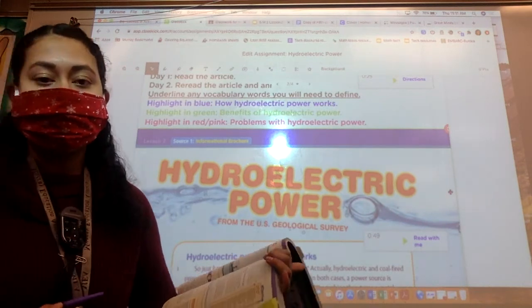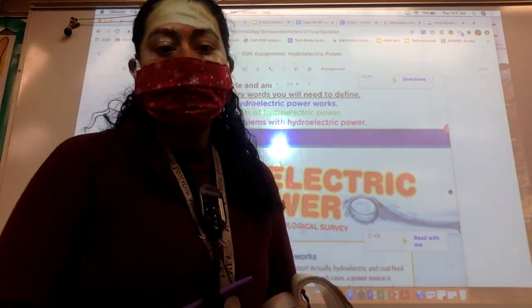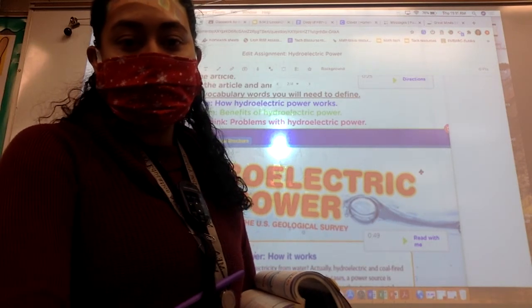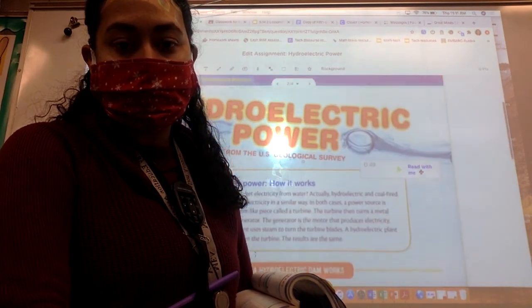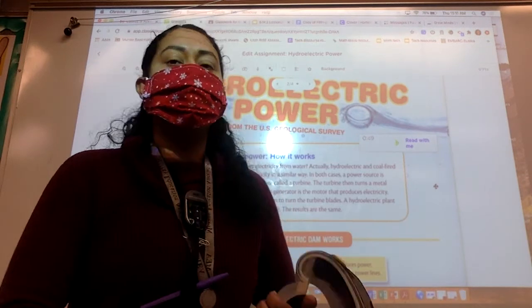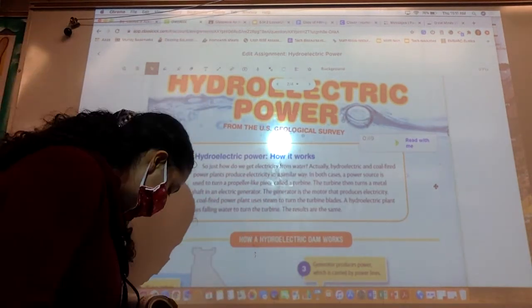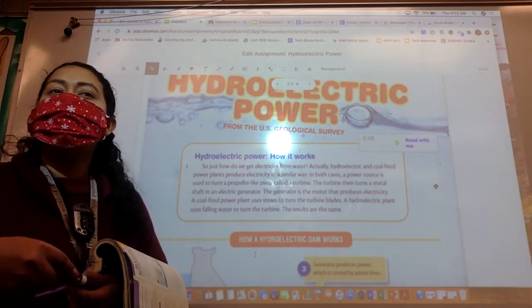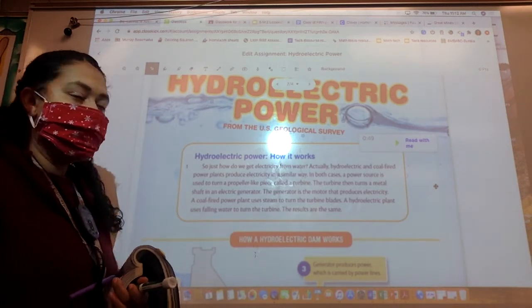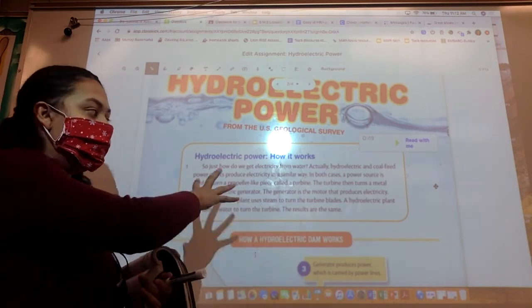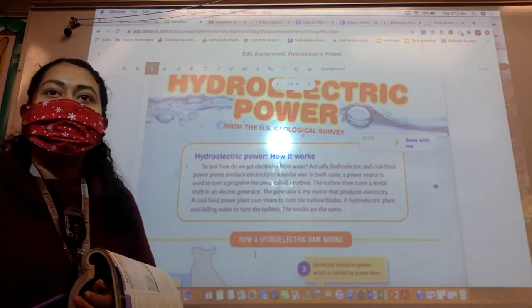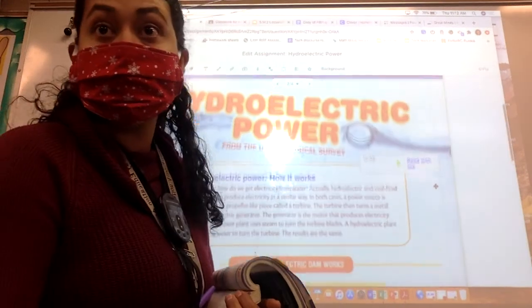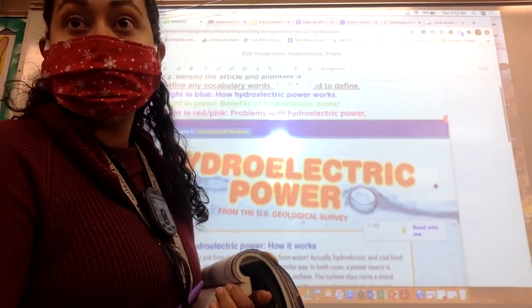So using your pencil, let's highlight a few things, okay? So highlight in blue how hydroelectric power works. We don't have blue pencils. Okay, so which part of the informational article can we highlight that tells us how the hydroelectric power works? Yes, Dylan.